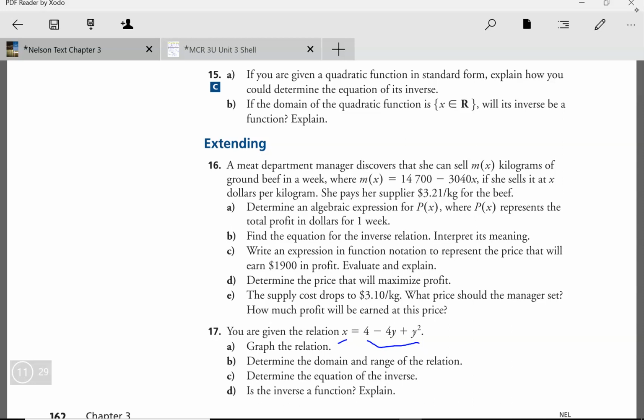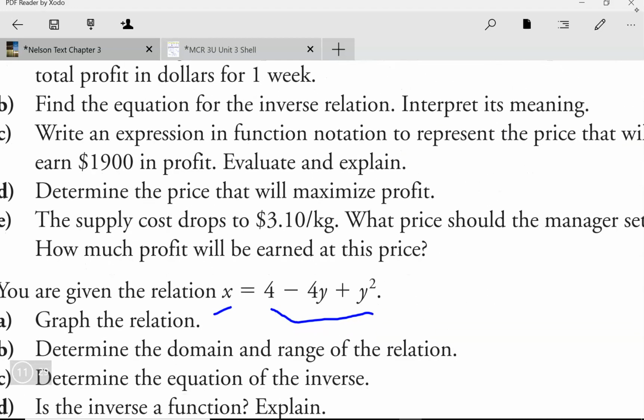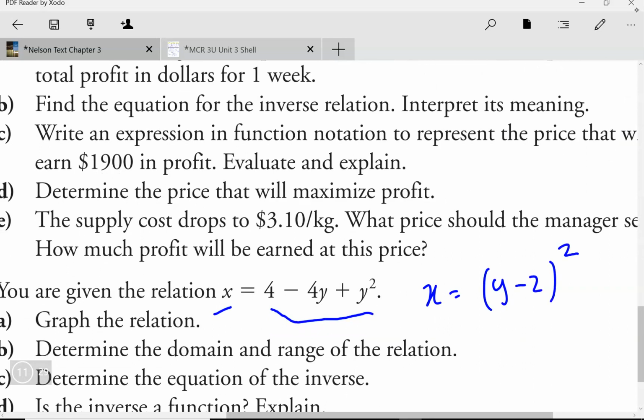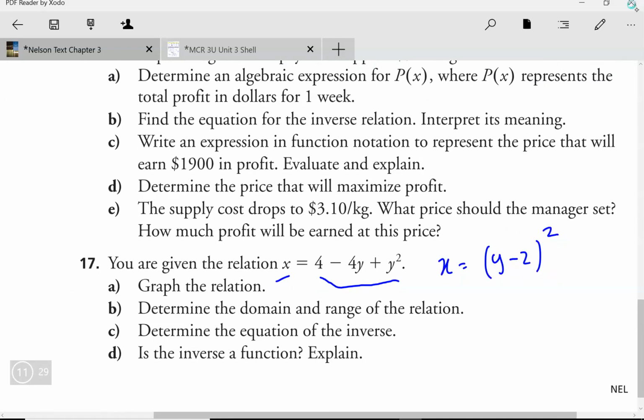So if we want to graph this relation, what is the best way to go about graphing it? Probably a table of values. I am going to do some factoring here, because this is actually x equals (y minus 2) squared. Okay, so now it looks slightly better.